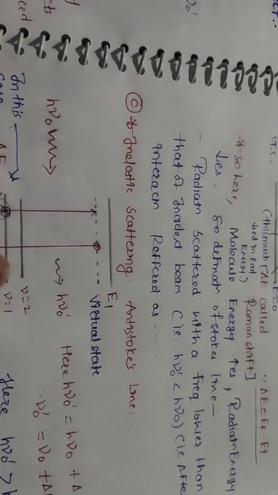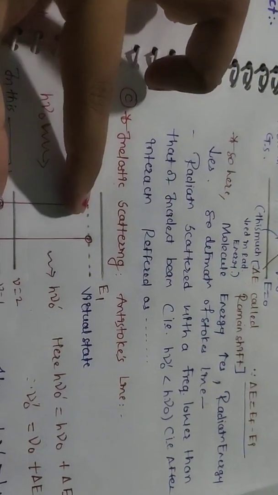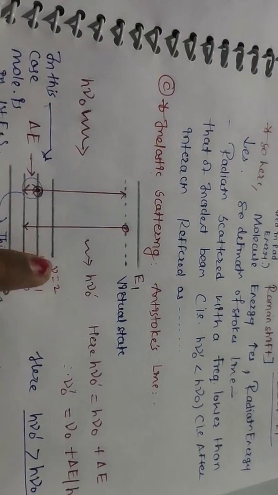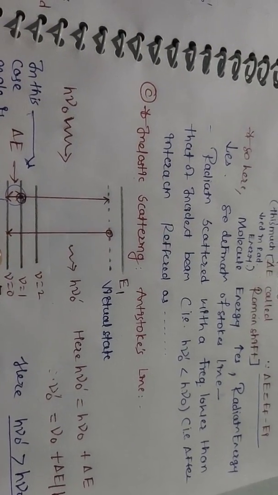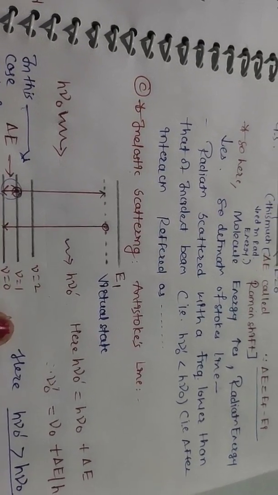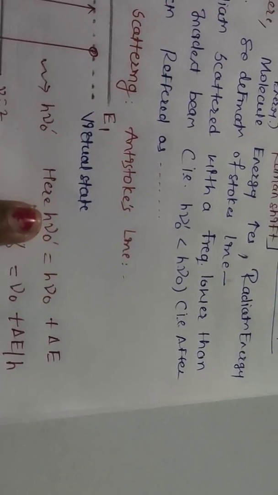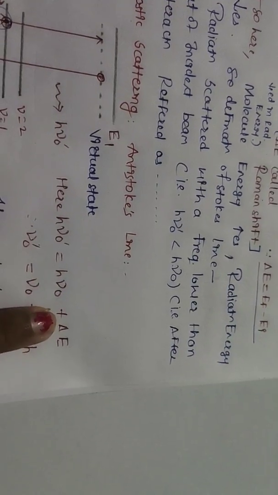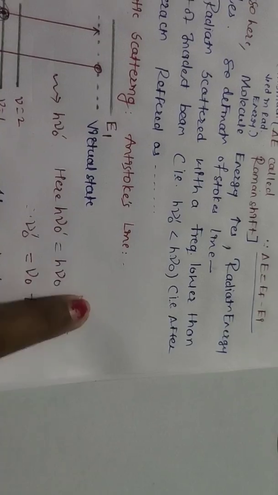Suppose it is 15. Just for understanding, scattered photon energy is increased by a certain amount. So this increase is responsible for giving a line called the anti-Stokes line. So here h nu naught prime is equal to h nu naught, that is incident, plus delta E, this much amount of energy is increased.